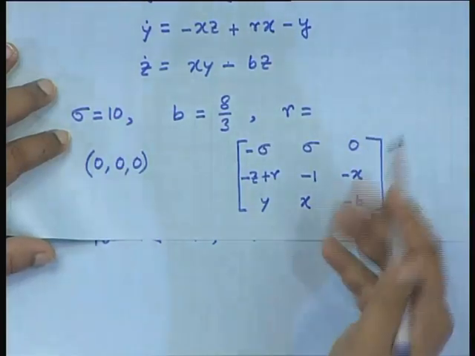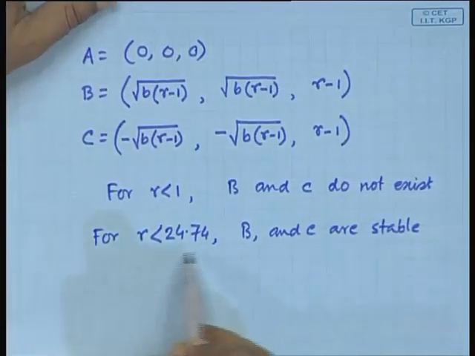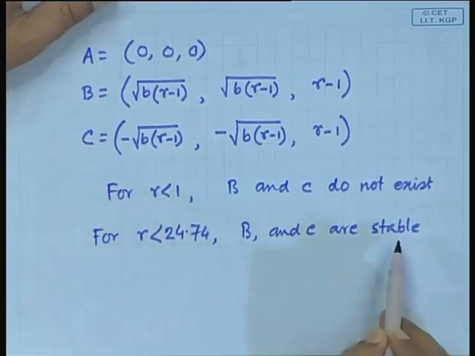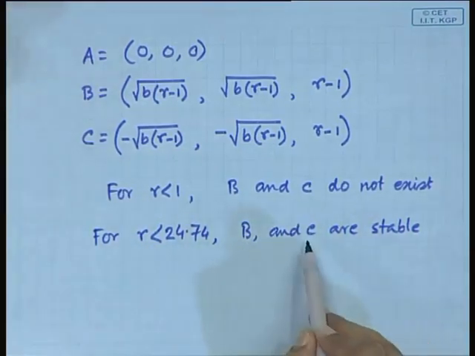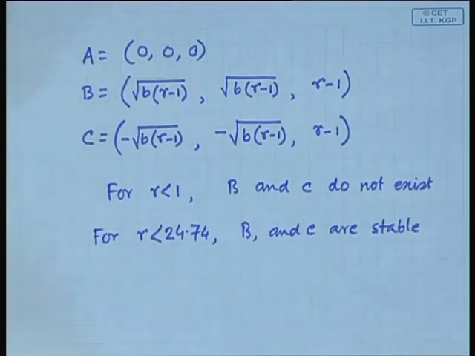So, just in 5 minutes you can do that, and then you will see that for this condition, the eigenvalues of B and C would have negative real part, and then at that point the real part becomes exactly 0, and beyond that it becomes positive. Okay. So, what do you expect the behavior to be then?